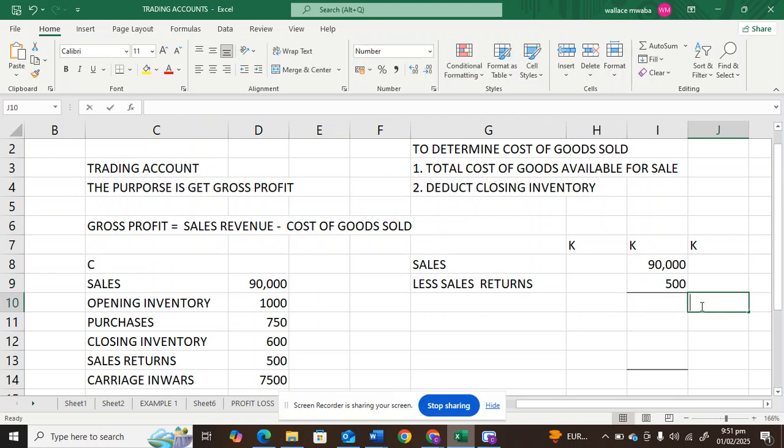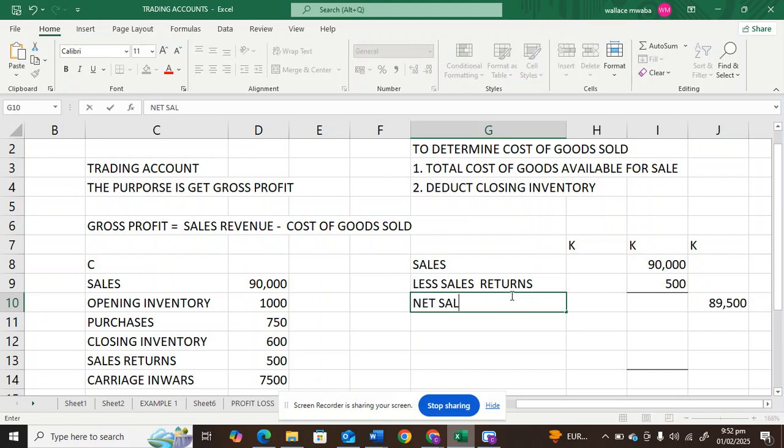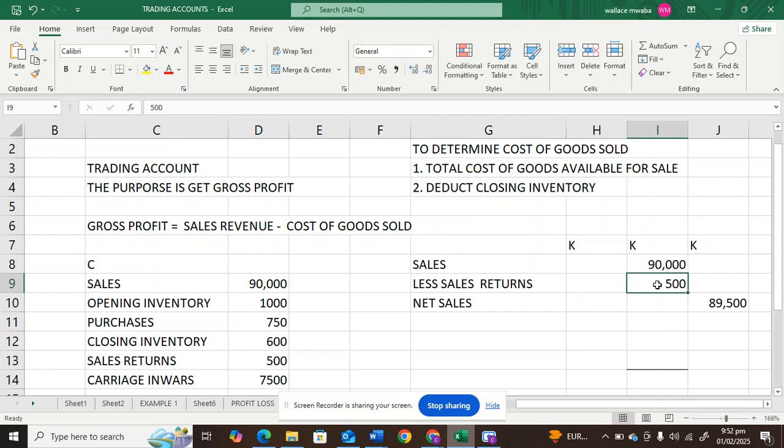When we deduct what customers brought back from what we made from selling our goods, we made 89,500 in sales revenue. This is what you call your net sales. In accounts, whenever you hear the word net, it means something has been deducted. In this case, sales returns, or return inwards, that's the other name it's called, has been deducted from the sales revenue.